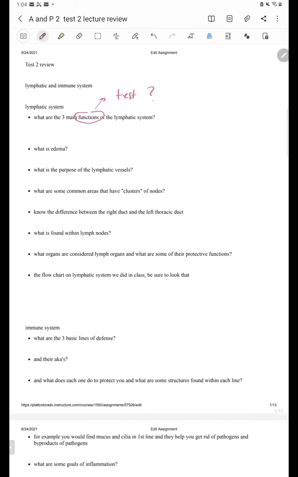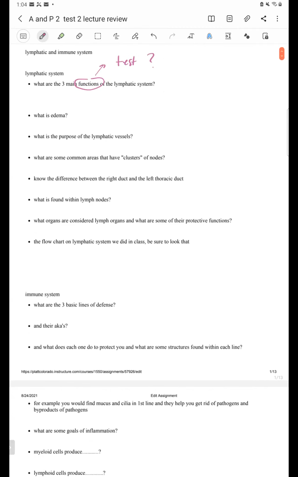Edema reduction, fat absorption, and defense. Edema is swelling. The purpose of the lymphatic vessels is to help move fluid toward the heart, to help absorb some of the excess fluid that's in the interstitial space.